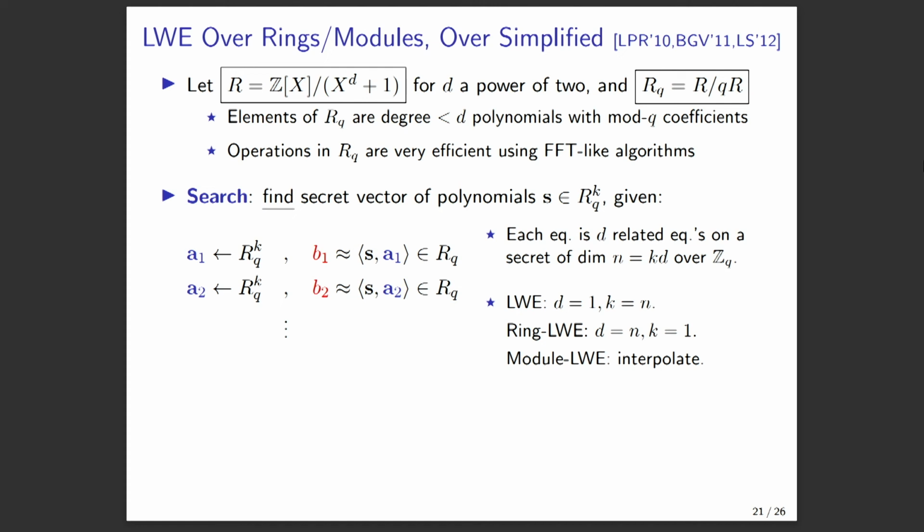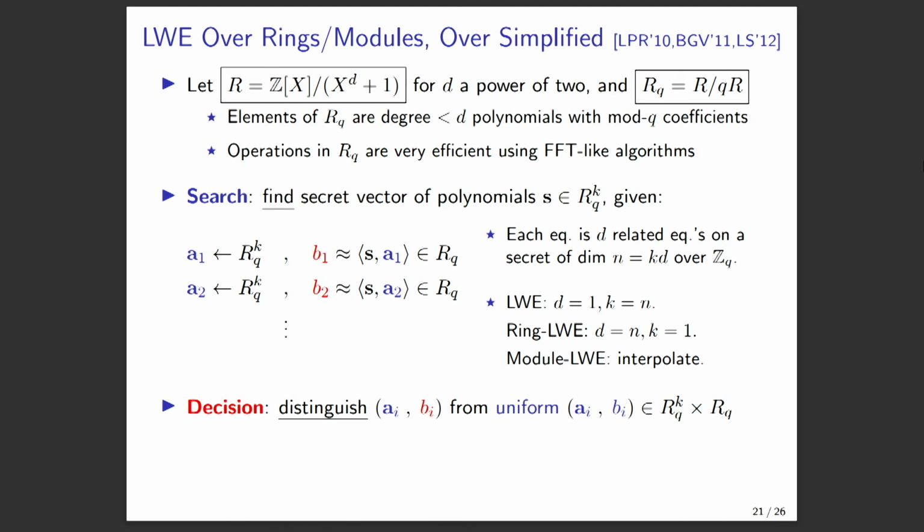Or you can go to the opposite extreme and use degree up to n and just a single polynomial as your secret. Or you can interpolate between these two: maybe you take a vector of 3 polynomials of degree n over 3. So it's a smooth trade-off in how much structure, what degree polynomials, you have.